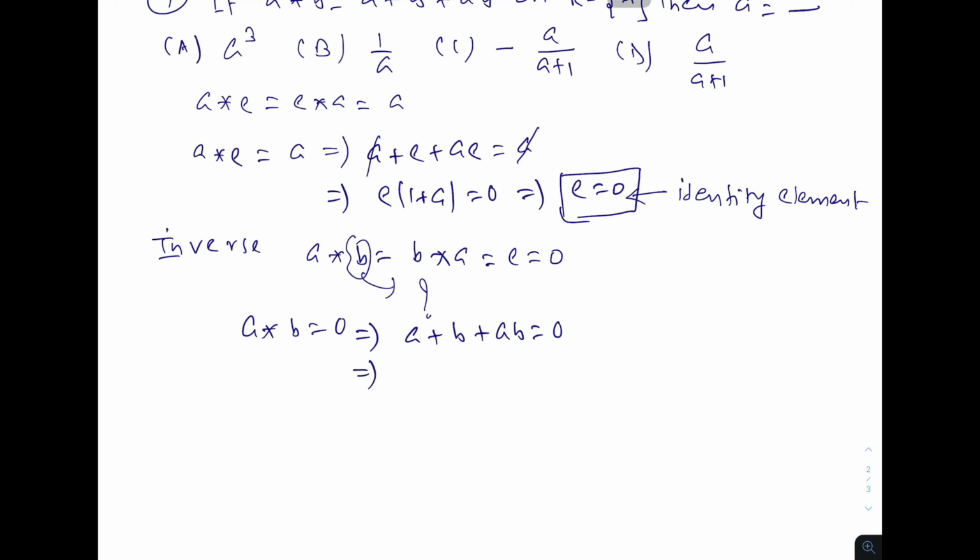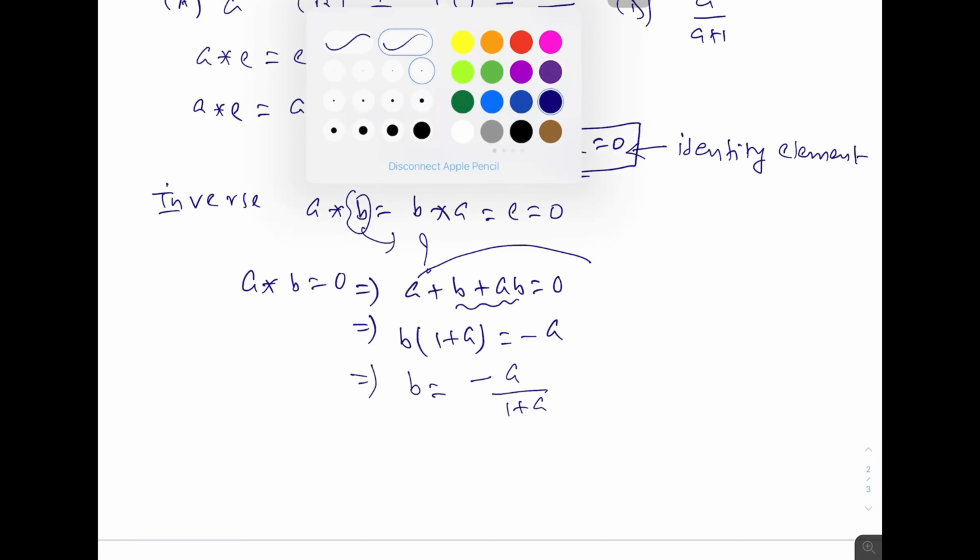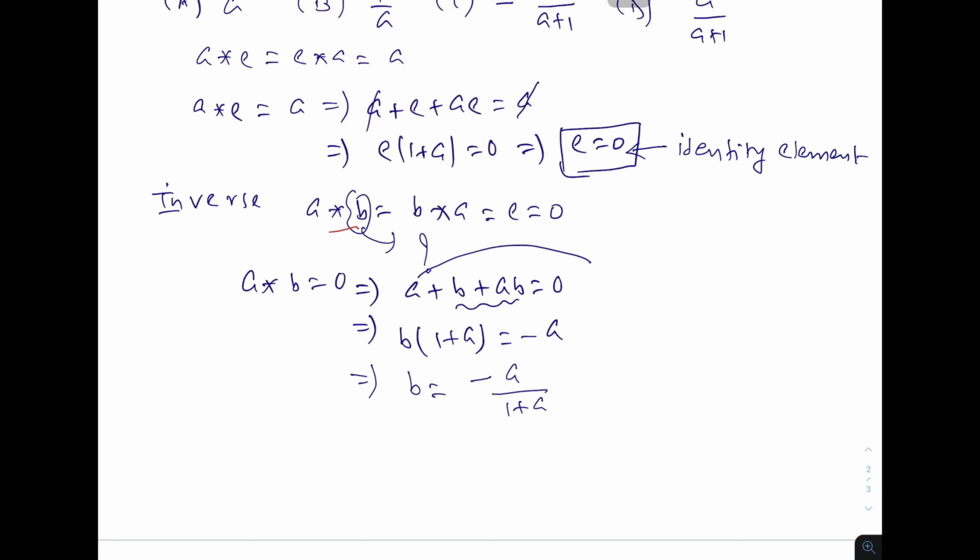This would imply, we keep this B outside, 1 plus A, and we take this A here, so equal to minus A, and that would imply B equal to minus A over 1 plus A, and this B is our A inverse.